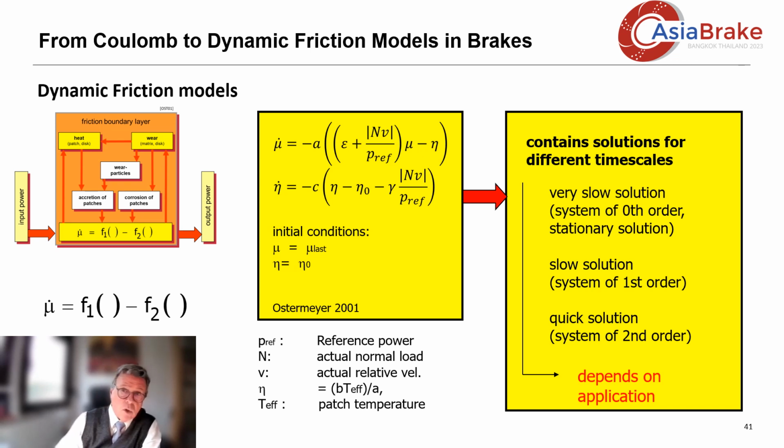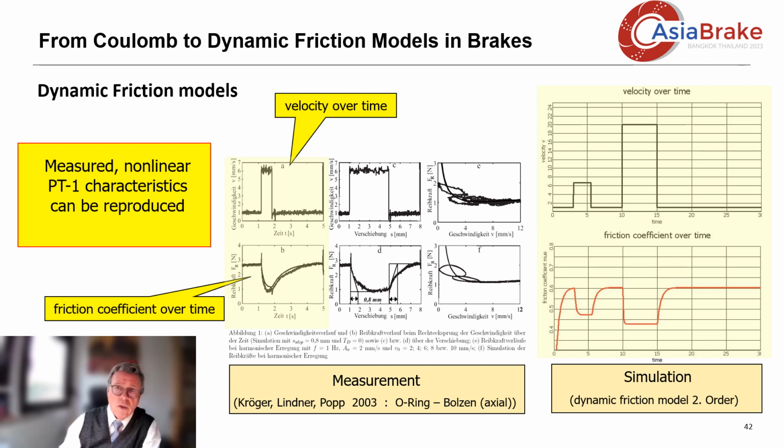In the second-order model, several time constants are included, which represent individual dynamic phenomena of friction on different timescales. On the left, for instance, measurements have been made by Kröger, Littner, and Popp on a very simple friction system. On the right, you see simulation results with a second-order friction law showing all effects of the measurements.